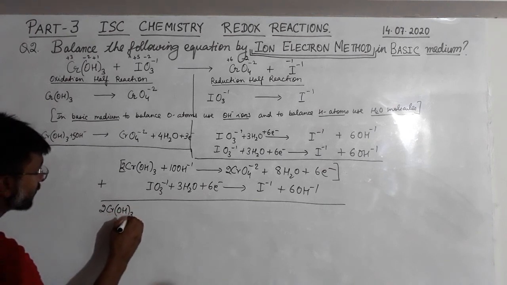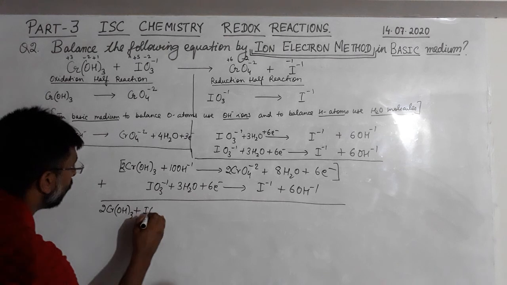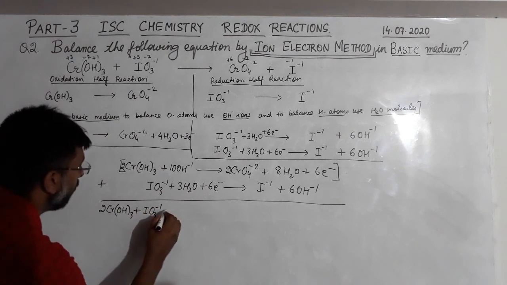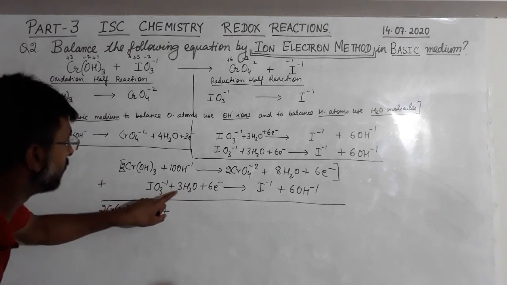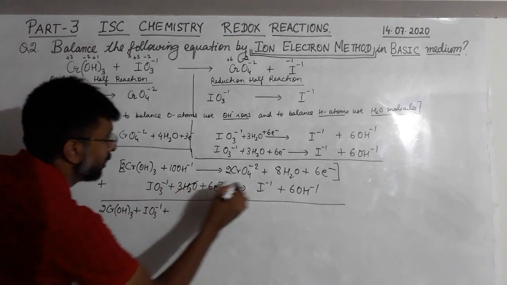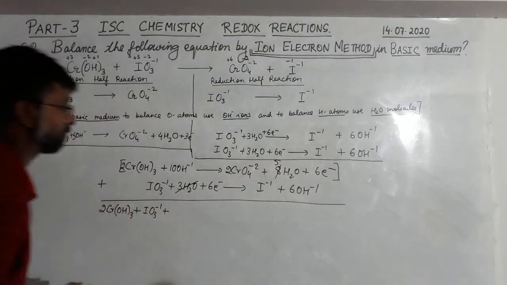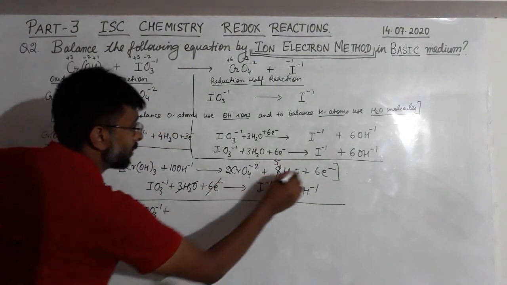So I'll write this equation in the final form. 2Cr(OH)3 plus, first I'll write this, IO3⁻ plus, there is 3H2O, there is 8H2O. So this will cancel. This becomes 8 minus 3 is 5. Number of electrons will also cancel.